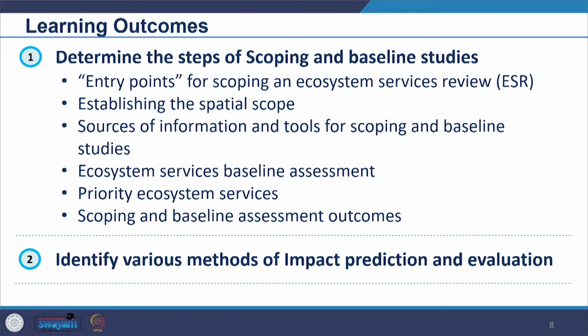Then you should be able to undertake or at least program the baseline assessment for your project. Then you should be able to define the priority ecosystem services and how you undertake that. Then you should be able to organize your assessment outcomes. Further, you should be able to identify different methods used under impact prediction and evaluation. So that's the expected learning outcomes.